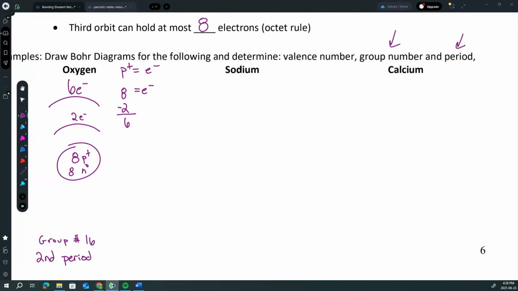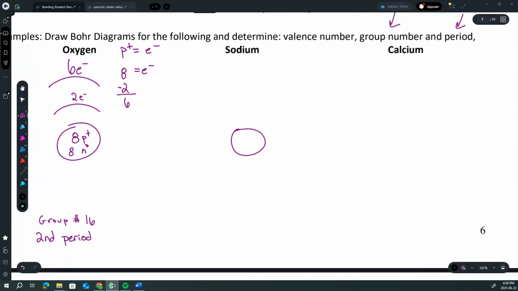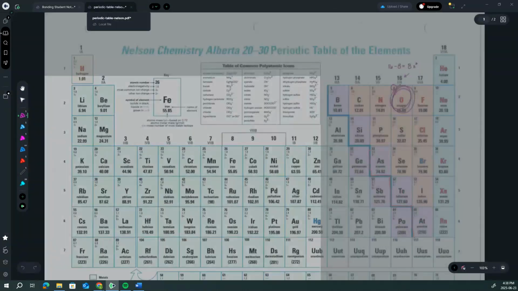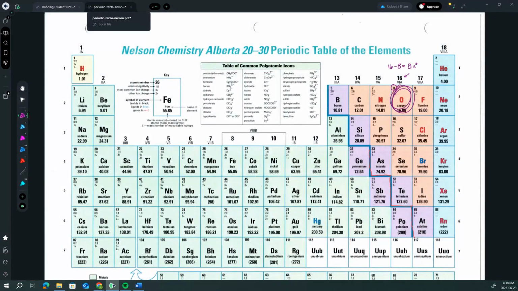Let's talk about sodium. So I'll start out with my nucleus here, and let's see what group number and period sodium's in. So sodium, that's right here. So it's in group 1 and period 3. What that means is I can expect that there's going to be 1 valence electron.